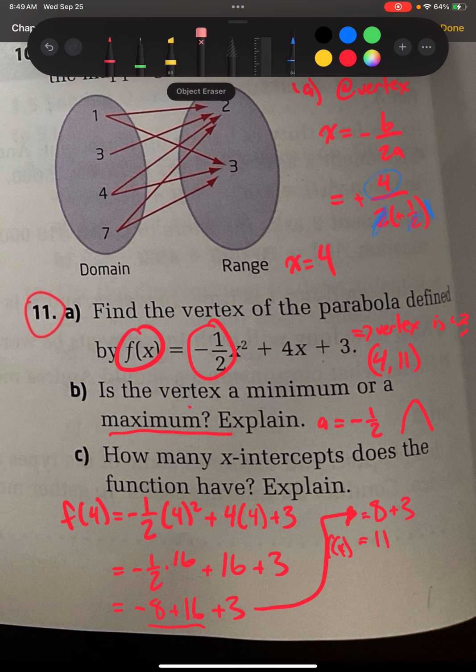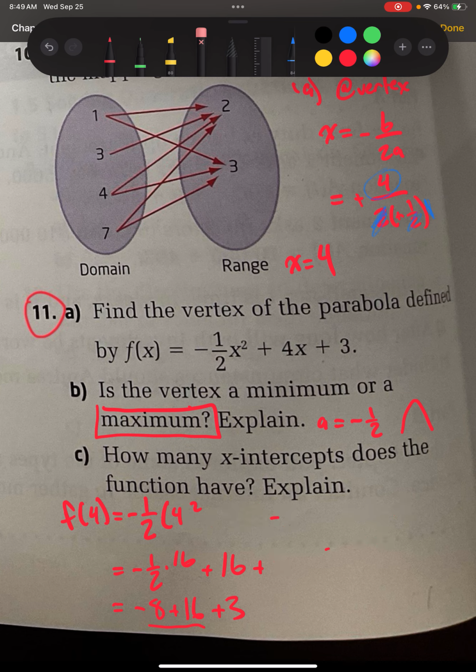That's all you need to know that it's a maximum. If you want to convince yourself that it's a maximum further than that, you can go ahead and put that into a graphing calculator or Desmos or whatever you have at your disposal, and you'll find out that, in fact, it is a maximum value.